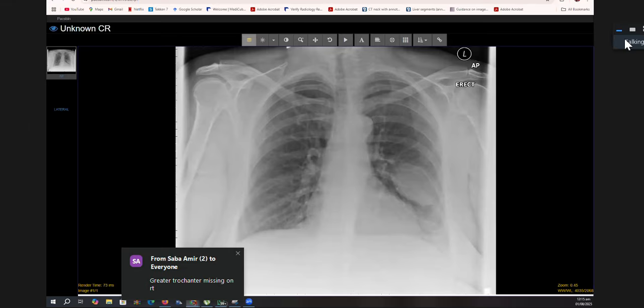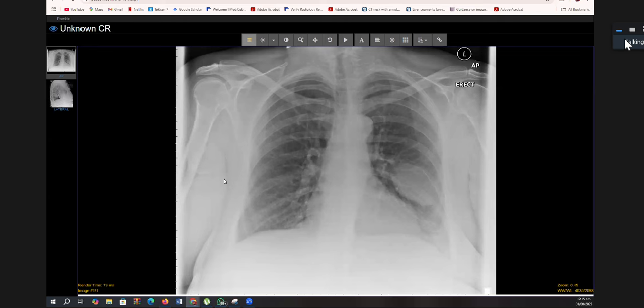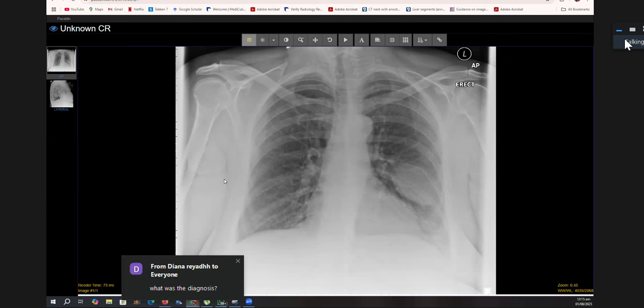This is a frontal projection of a skeletally mature patient, in which I can appreciate opacity noted in the left lower lung zone, which is surrounded by lung from all sides.